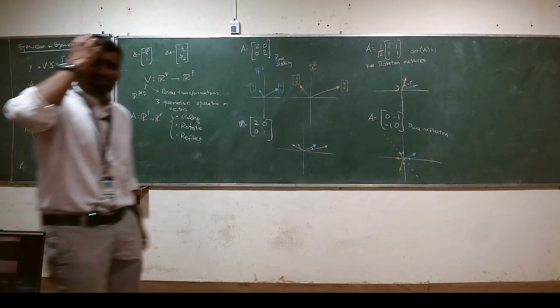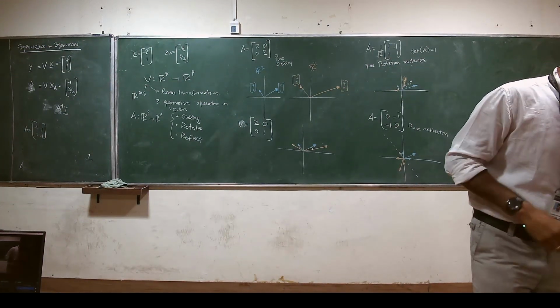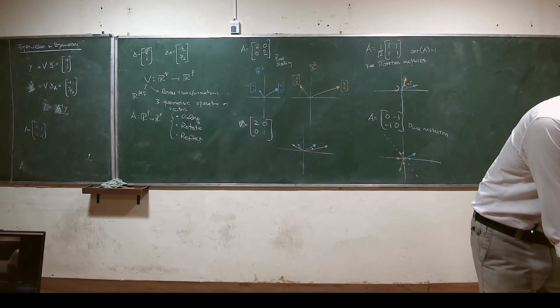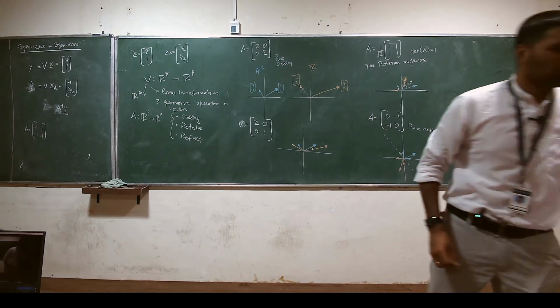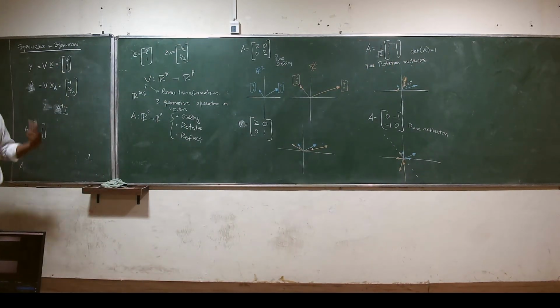What is the difficulty? What is the problem in solving for this? You should be able to solve A inverse Y now. I just did a whole thing on Gaussian elimination, no?